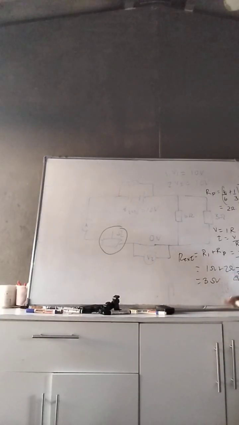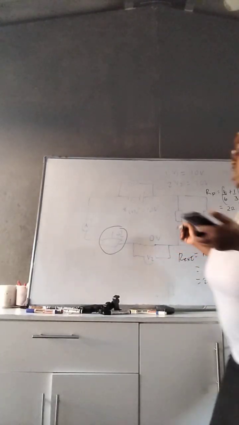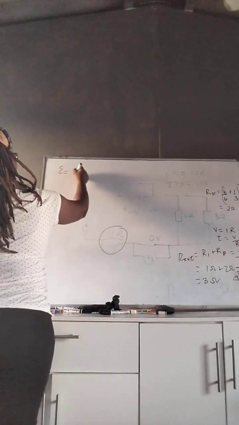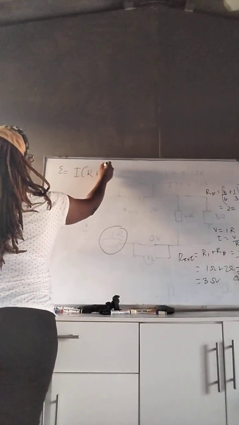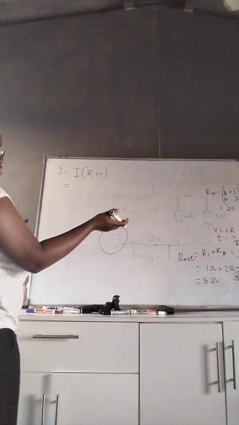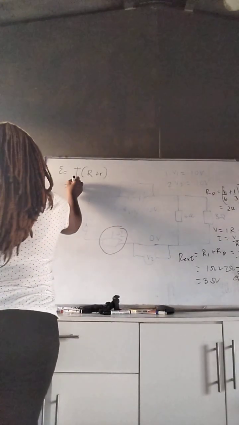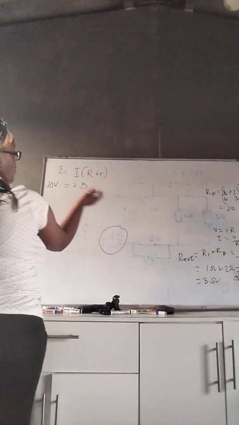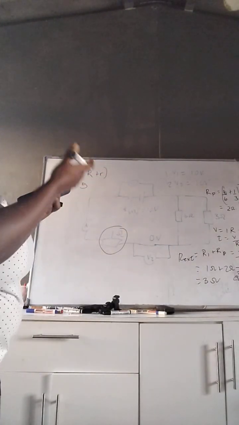And then calculate the internal resistance of the battery. So E is equal to current times the big R plus the small r. The current we got as 2.5, right? And then the E is 10 volts, because we originally have 10 volts.